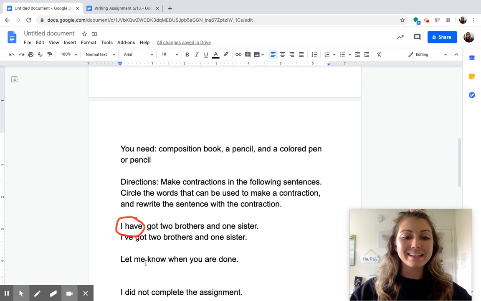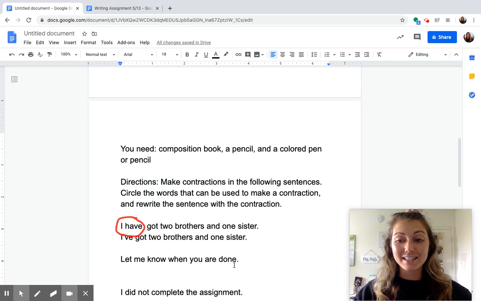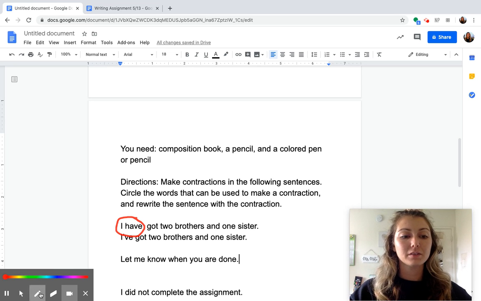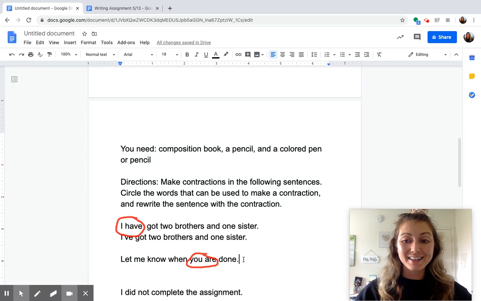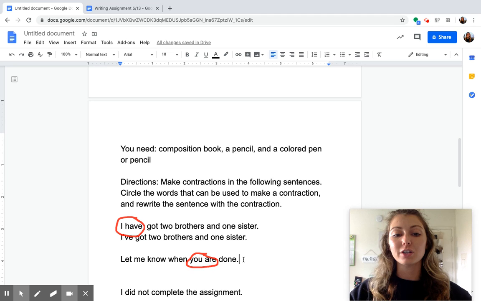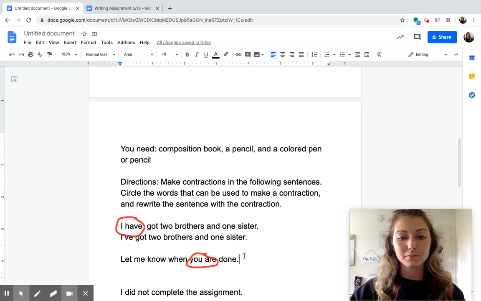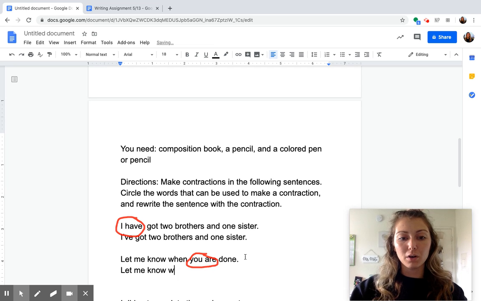As I look at each word in this sentence, I see that the contraction can be made with you are. We can change you are to you're when you're done. Try rewriting the sentence now with the contraction in your composition book. Let me know when you're done.